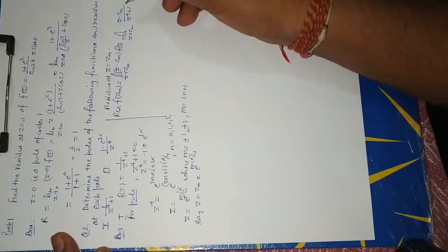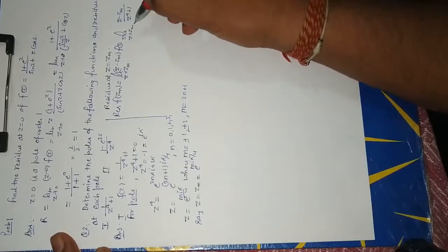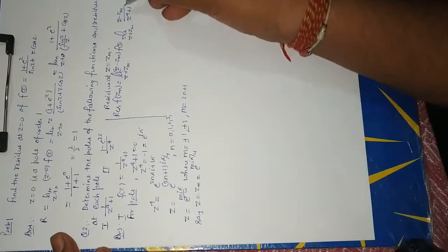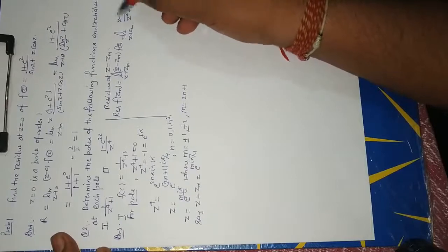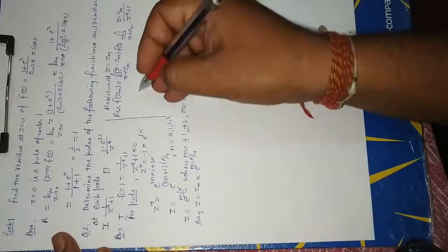Okay. Now after putting the limit z equal to z_m, we get an indeterminate form. To remove the indeterminate form, we can apply L'Hospital rule.